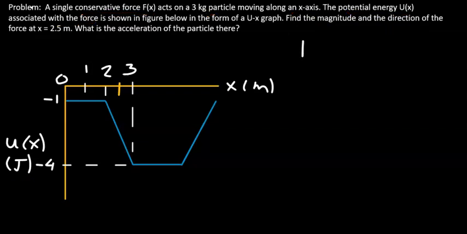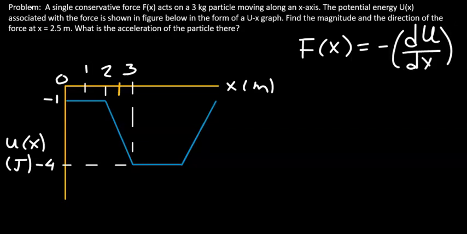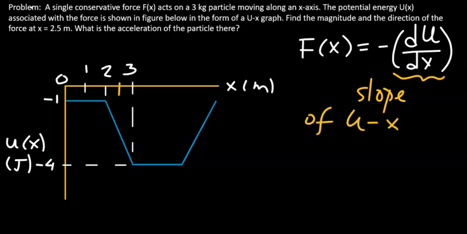We know that in order to find force, we need to take the negative derivative of that potential energy function with respect to x. So what we have here in the bracket is just the slope of the U-x graph.